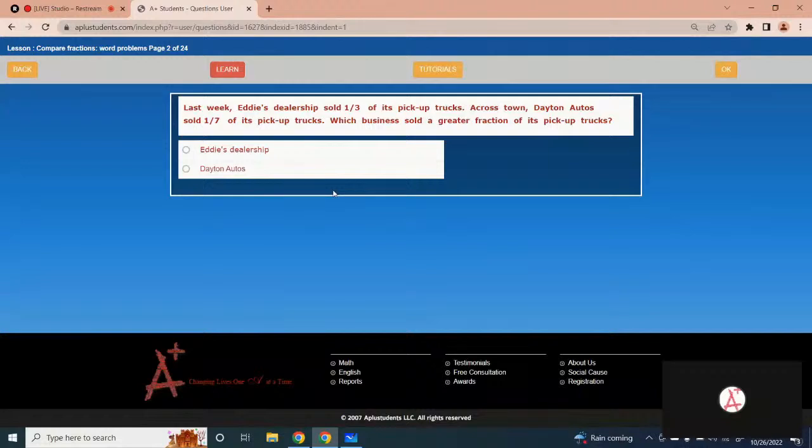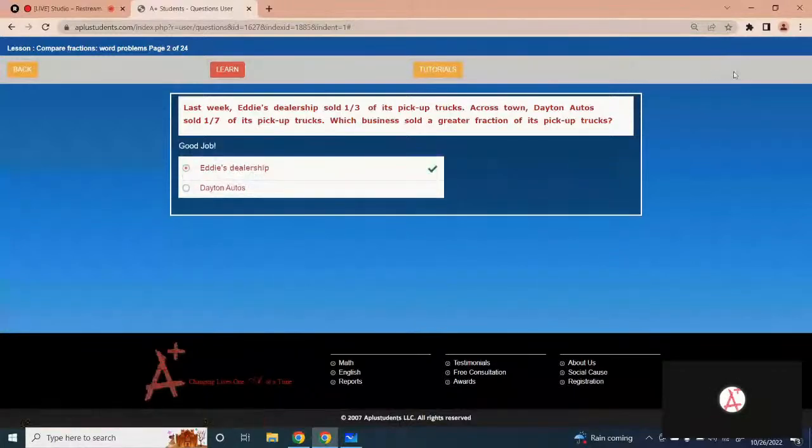Which is the correct option? Yes, Eddie's dealership is greater than the Dayton. So select the correct option and then click on the OK button.